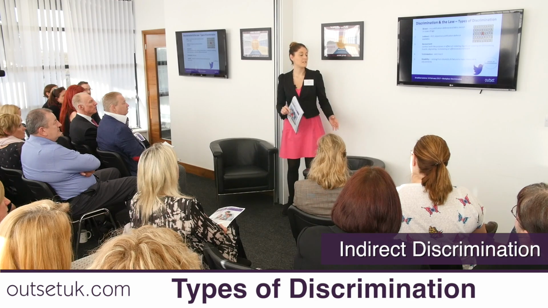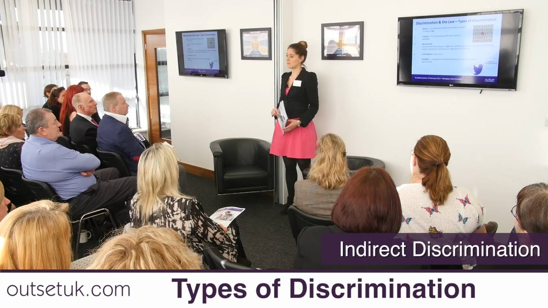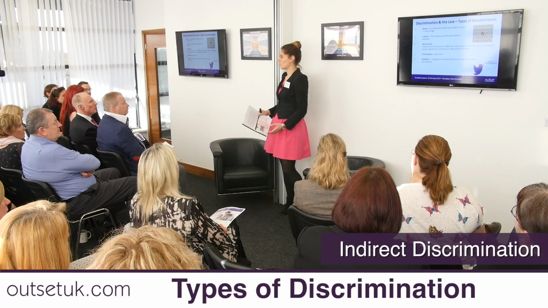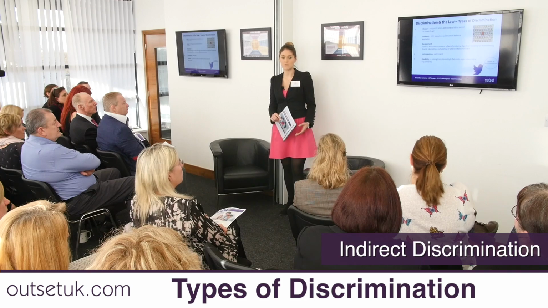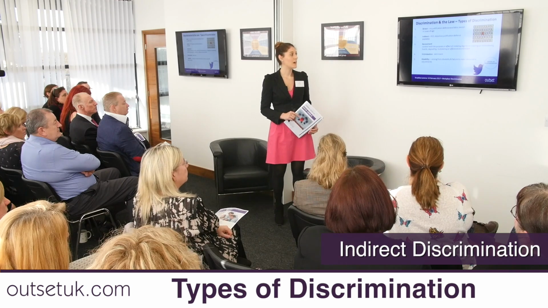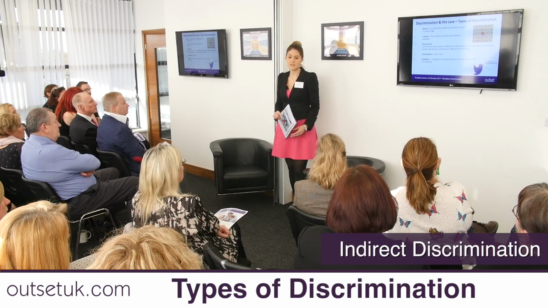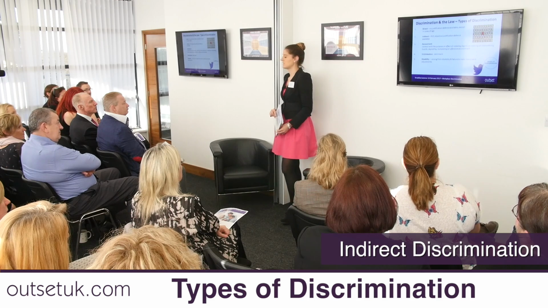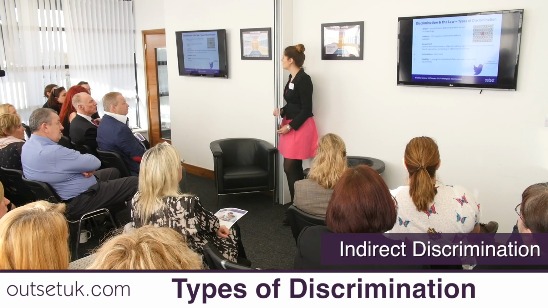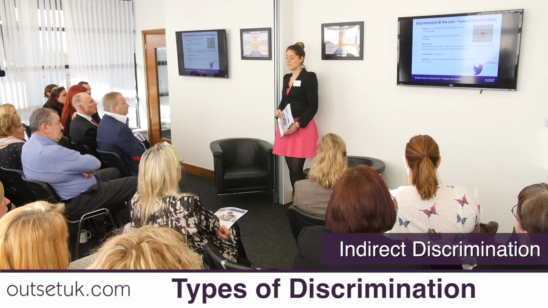Now that places women at a particular disadvantage because women mostly carry childcare responsibilities and are less able to work at night. So a claim was brought by a group of women for exactly this situation. But it involved the police.